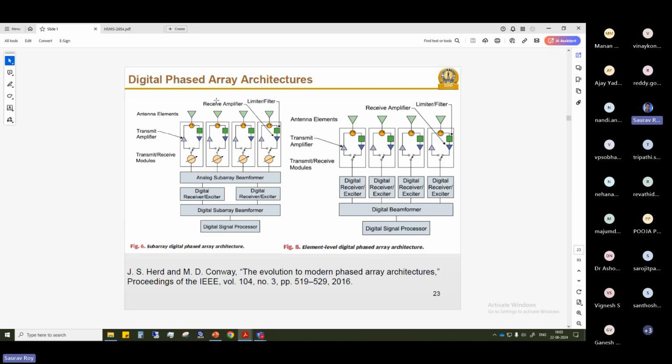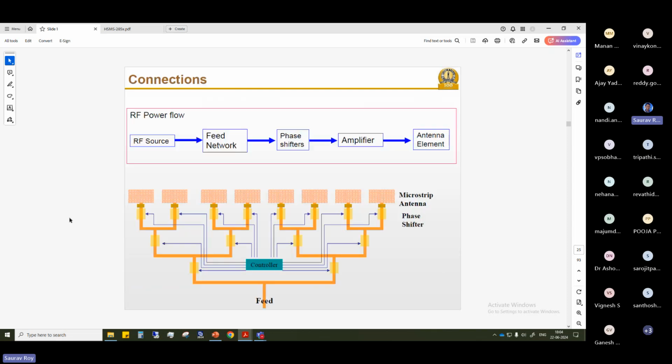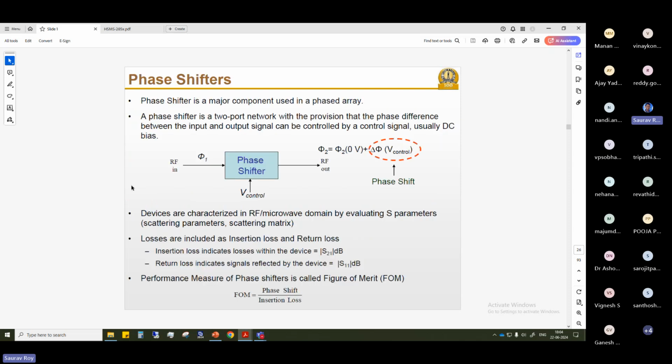So now, we have also looked into different architectures. There are analog or digital beamformers, and there are hybrid beamformers altogether. This was the whole block diagram of different components in a phased array system. Now that it is understood that the phase shifter is a vital component in this kind of system, what does it actually do?